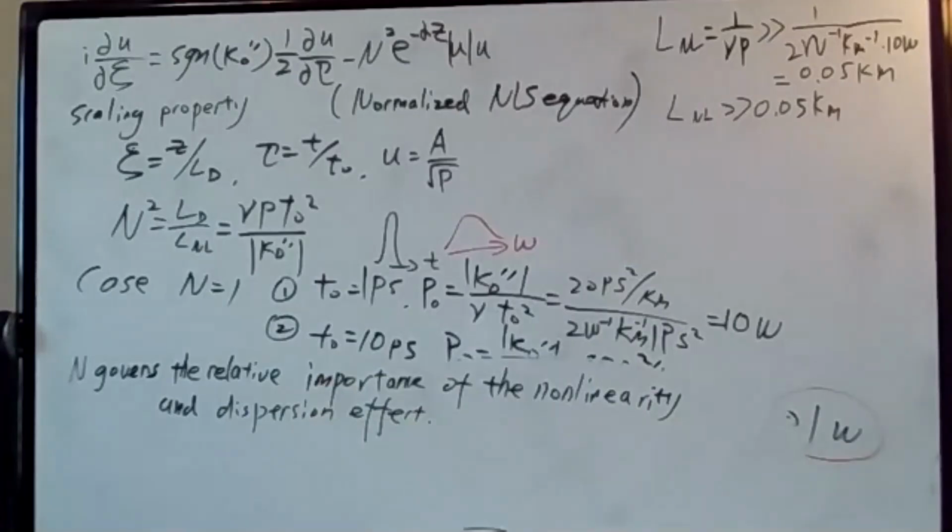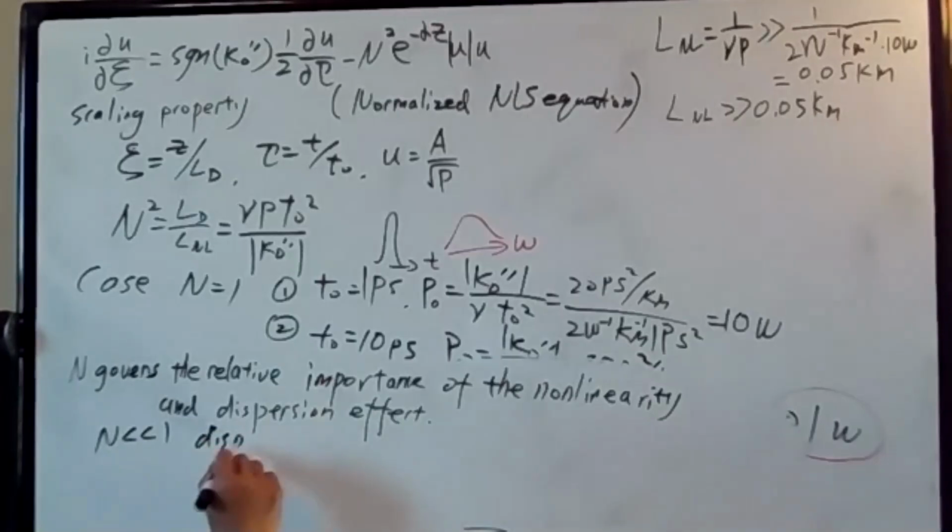Okay, so if n is much less than 1, this will be dispersion dominates.